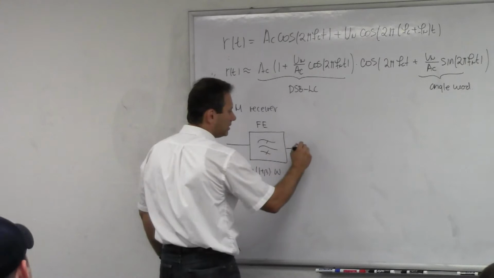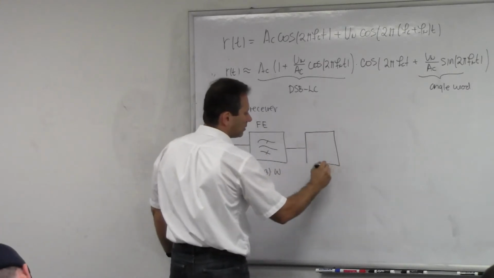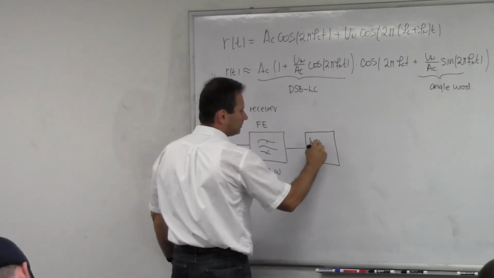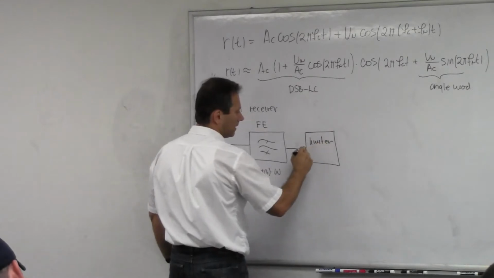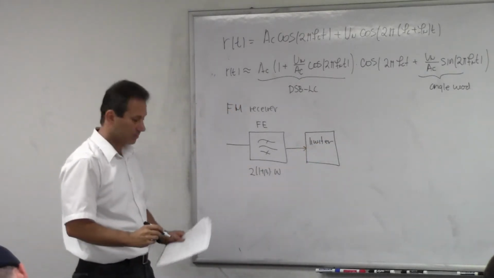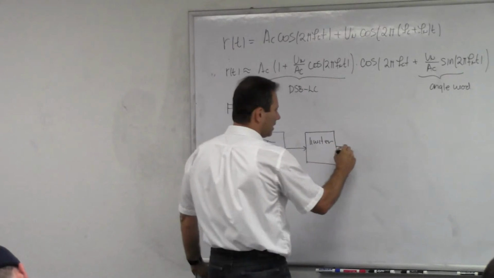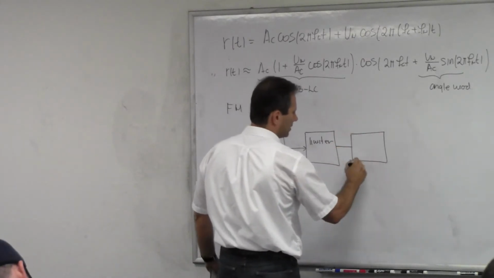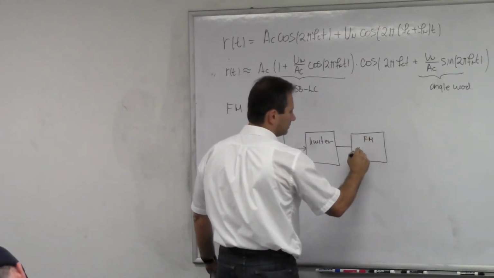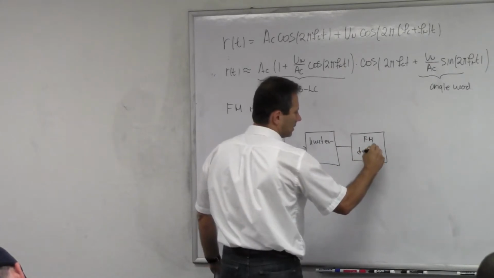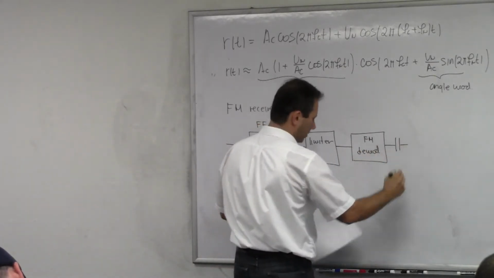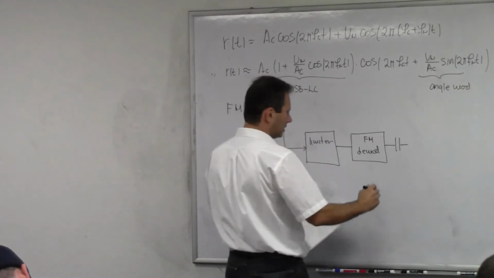Now, the next component is new. It's a component that we call the limiter. And I'll have to explain the function of that component here. And then you're going to have the FM demodulator, followed by our DC blocking circuit.